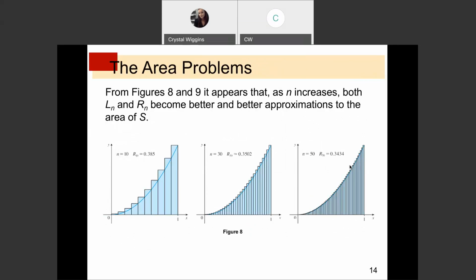And we can see that in this diagram. Notice that the overestimates, the amount of area, drastically decreases as n, the number of rectangles, increases.